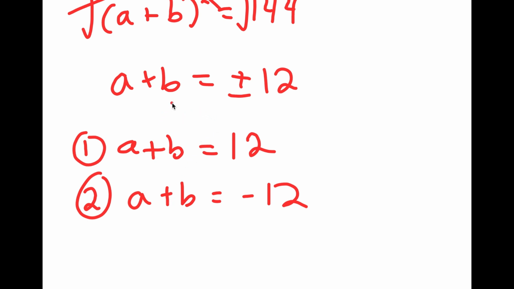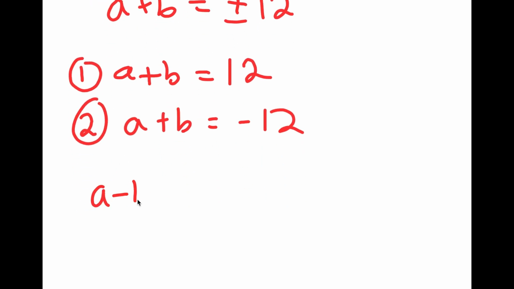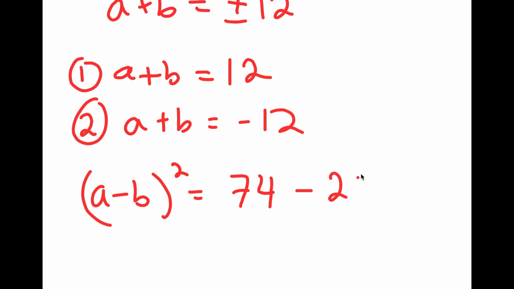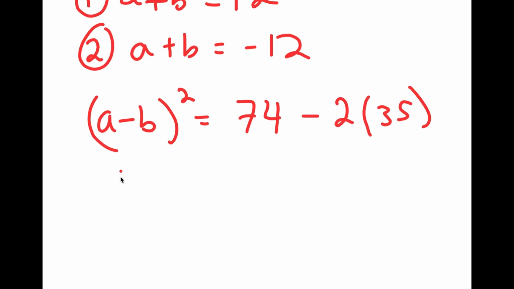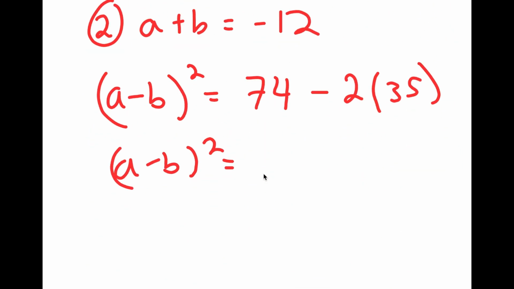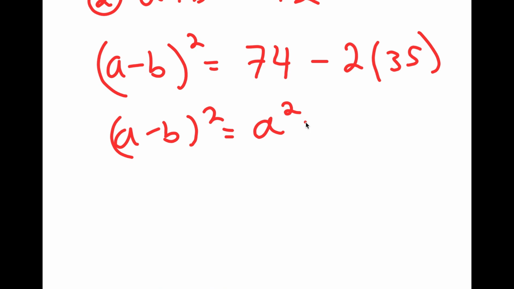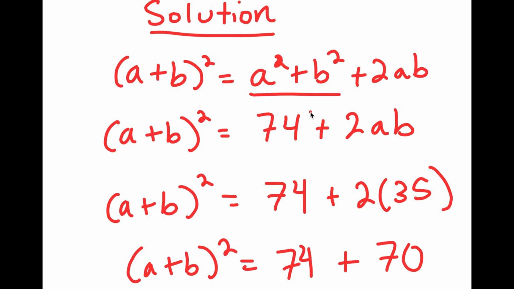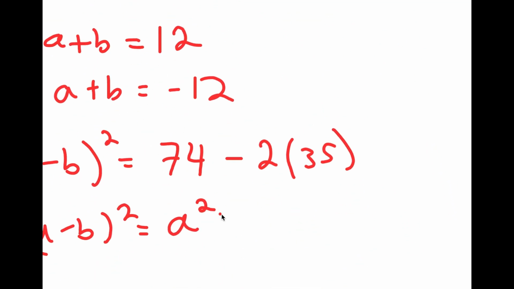Now, (a minus b) squared, this is equal to 74 minus 2 times 35. Because if I have something in the form (a minus b) squared, this is equal to a squared plus b squared minus 2ab.